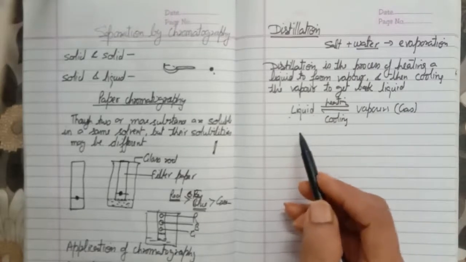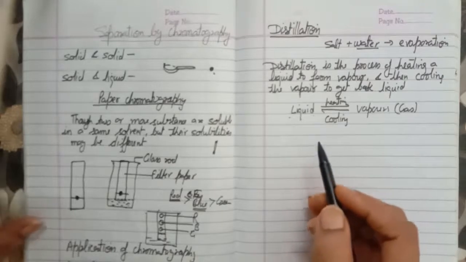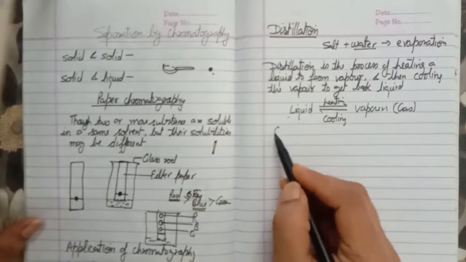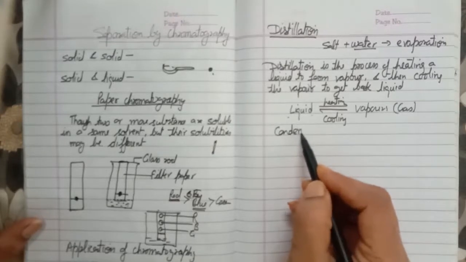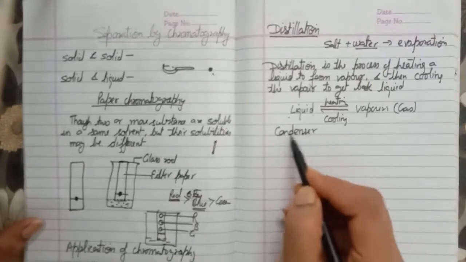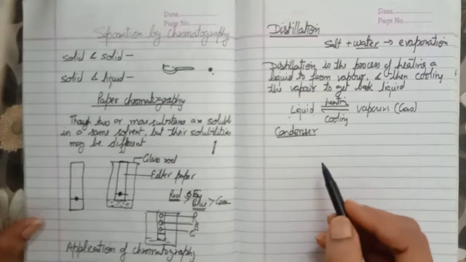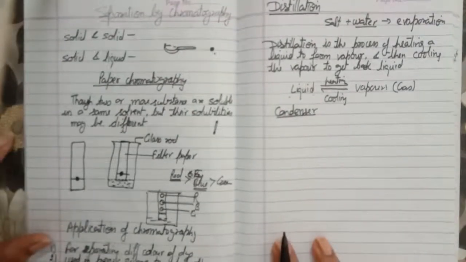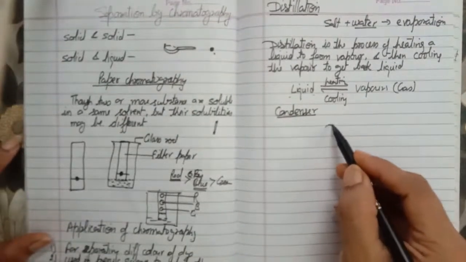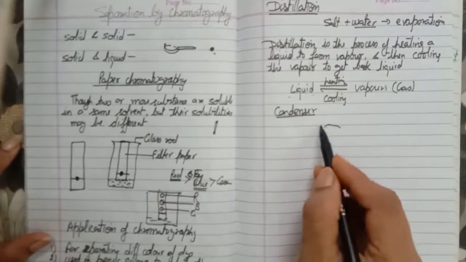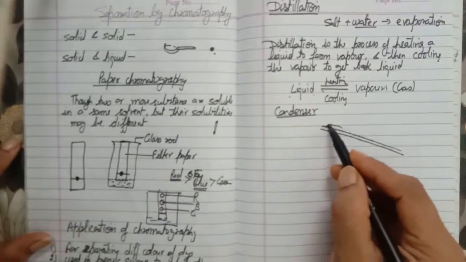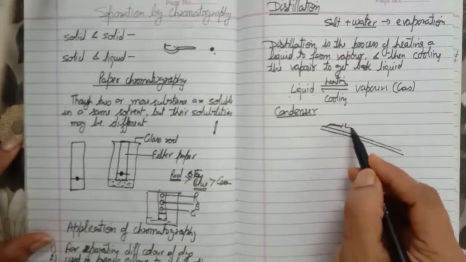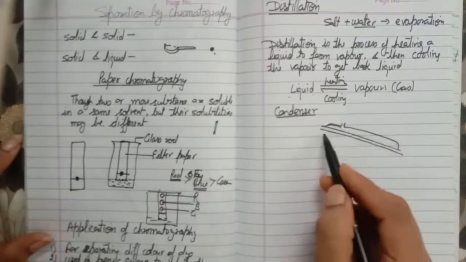Okay, one more thing I want to explain to you is what a condenser is. Actually, in this process of distillation we use an apparatus called the condenser. So in the condenser, suppose this is a glass tube, and we have a glass jacket over it.